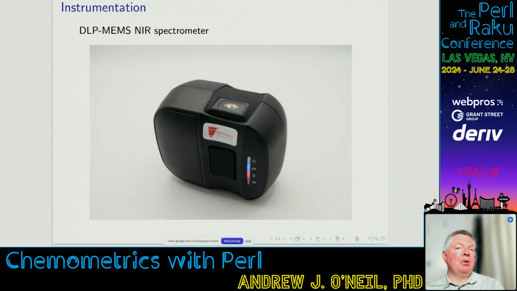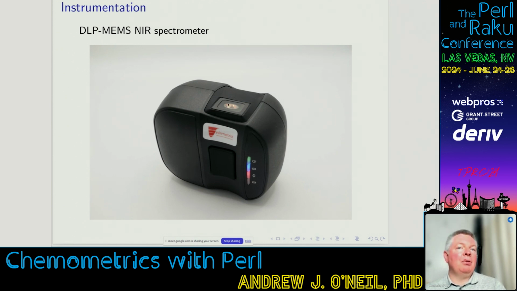The sample goes on the top here, which could be a tablet, or a glass vial with powder in, or something else. The device is wired up to a PC, and the graphical interface can then trigger the lights to switch on and measure the light that is reflected back from the sample.